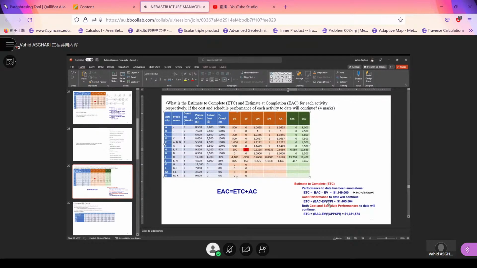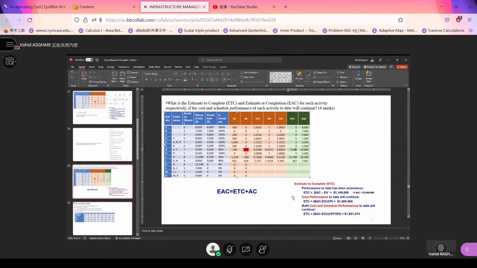What is the intuition behind this cost performance to date will continue? It means that for 40% of the job, we have paid $4,100. How much are we going to pay for the remaining 60%?